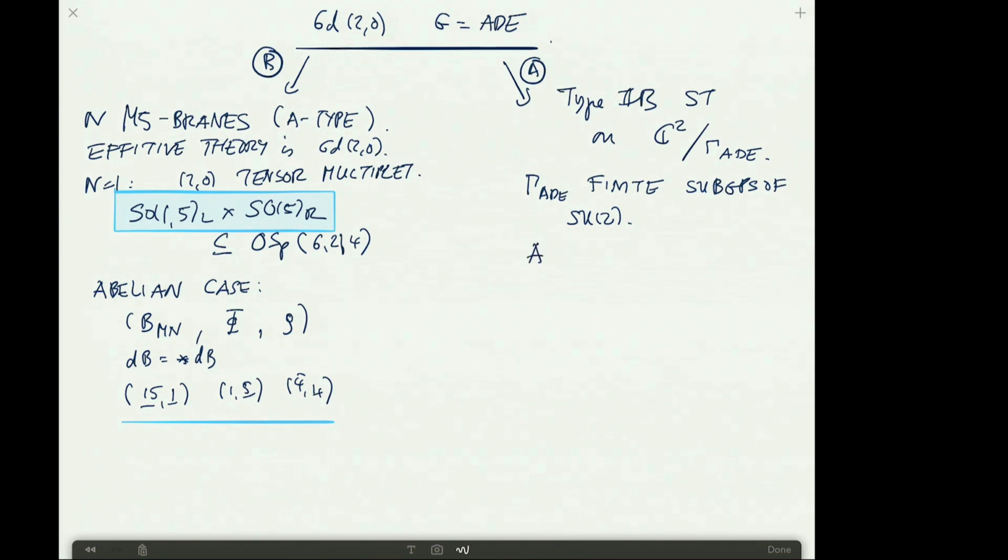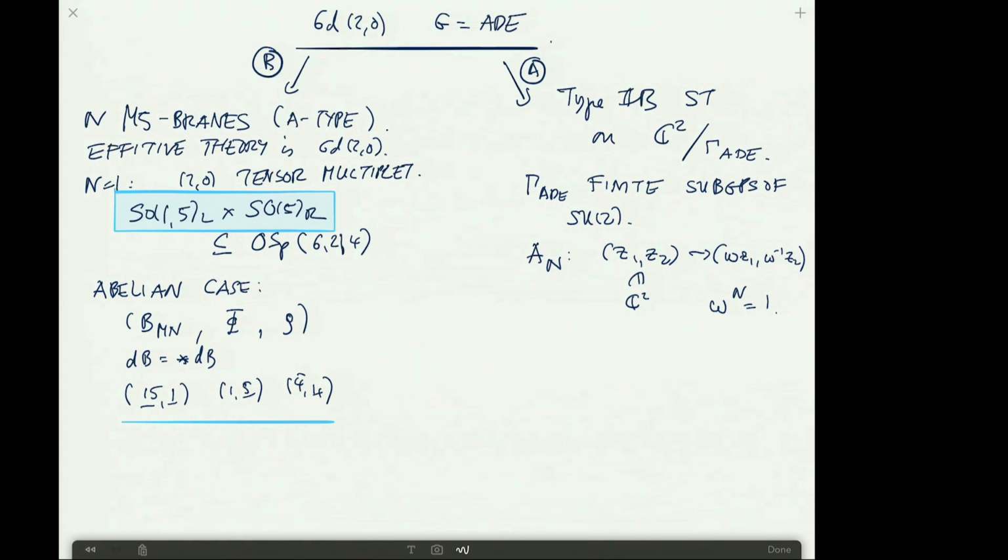So for example, for the A_n types, it will send z1 in C^2 to a phase rotation, and z2 to the inverse phase rotation, where omega is the nth root of unity. And the claim is that if I put type IIB string theory on this space and decouple gravity, since it's a non-compact space, gravity is decoupled, it will give rise to this 6d (2,0) theory.